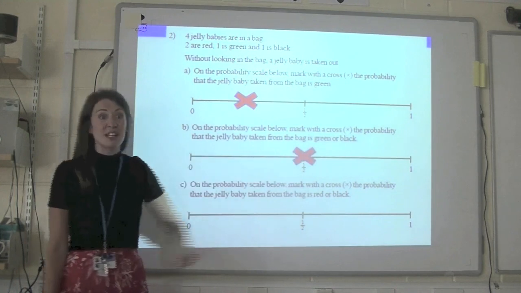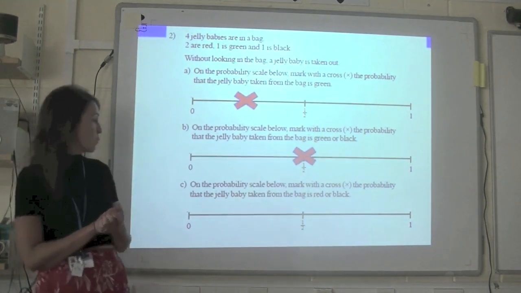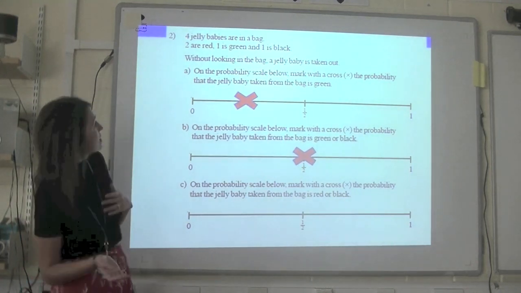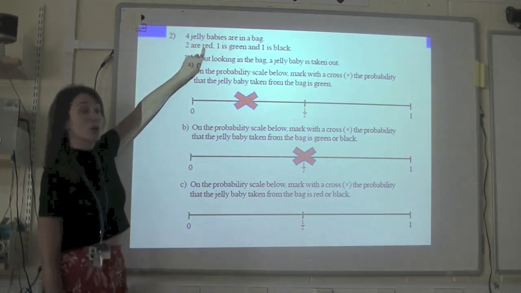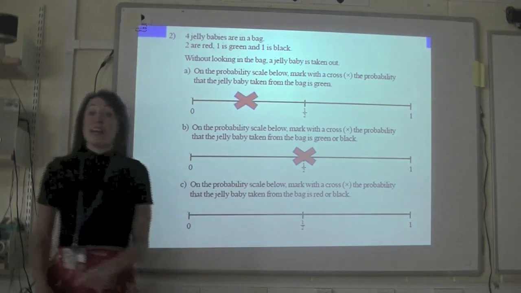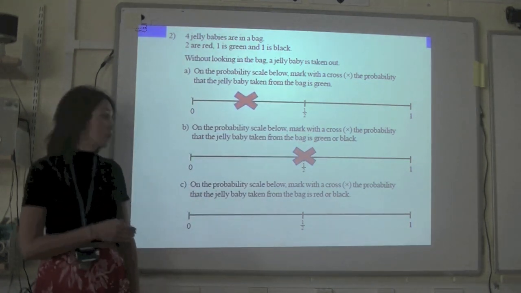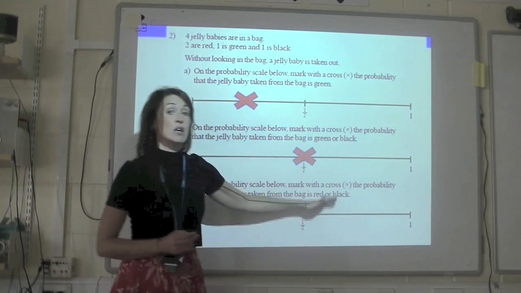There's an evens chance. And the last one on the probability scale below, mark with a cross the probability that the jelly baby taken from the bag is red or black. So red, there's 2. Black, there's 1. That means now we've got 3 options out of a total of 4 of successfully getting what we wanted, because what we want is a red or a black.